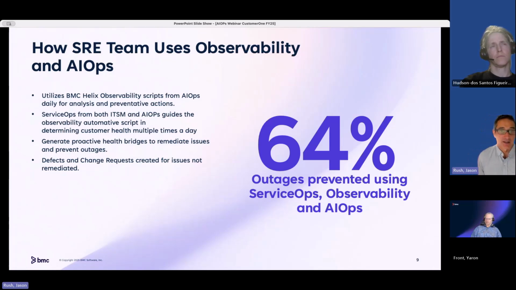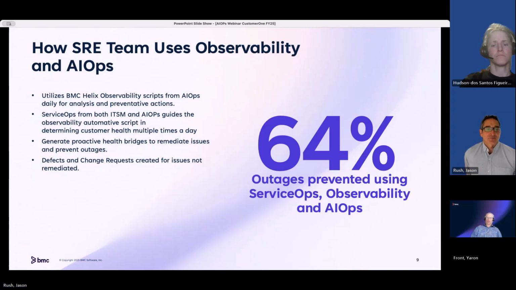So they come in, they're creating these intelligent automations, attaching to situations. They're having daily health bridges on let's say 24 or 48-hour windows of situations to customers, and then this is preventing any outages even further.